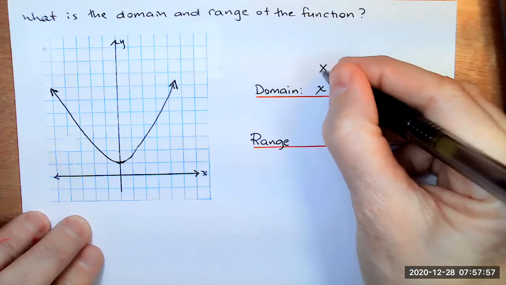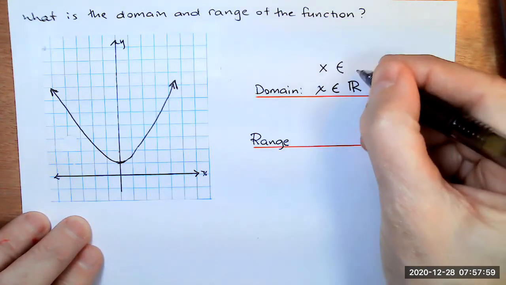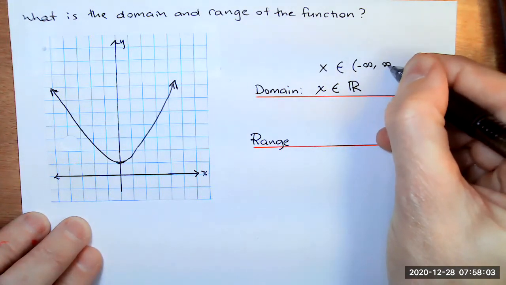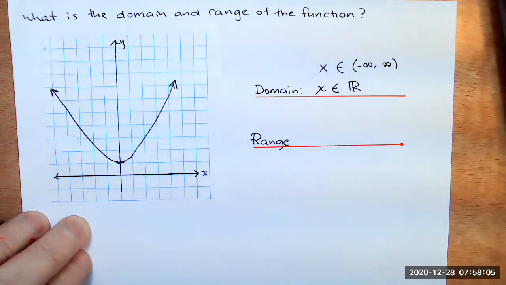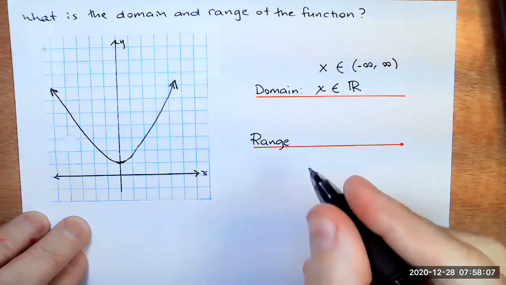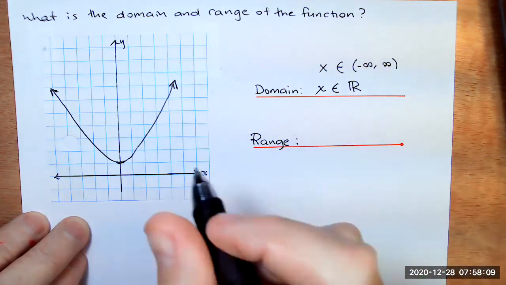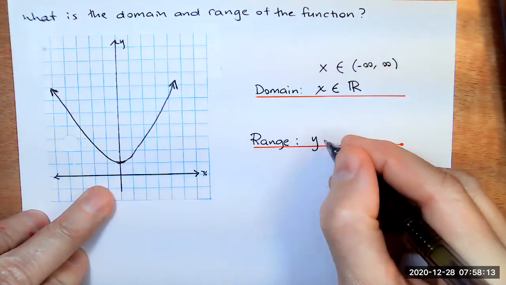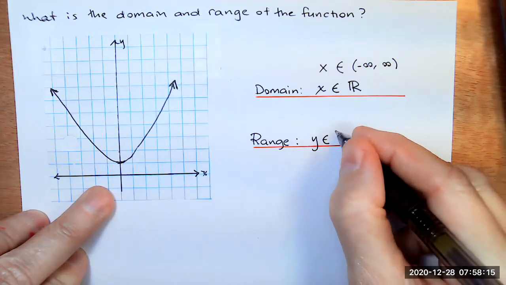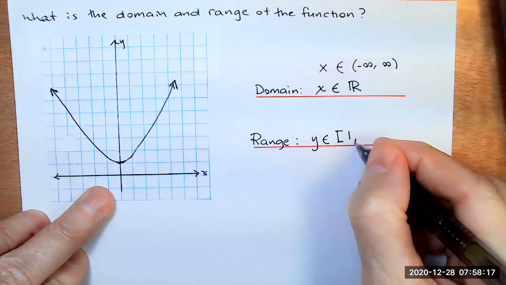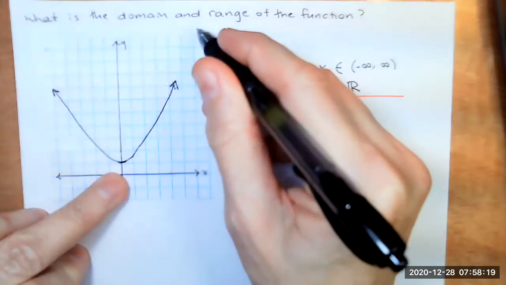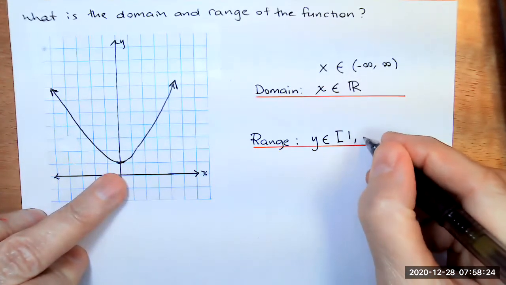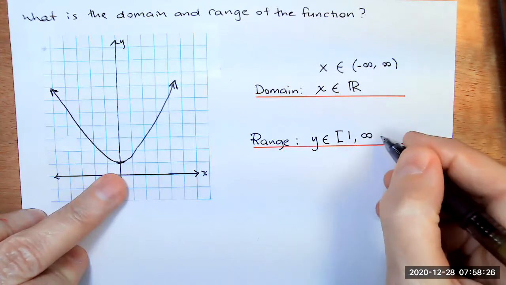Or you could also write it as going from -infinity to +infinity. What's the range of this function? Well, the lowest value of y is 1. And it goes off forever in this direction. So the highest value is +infinity.